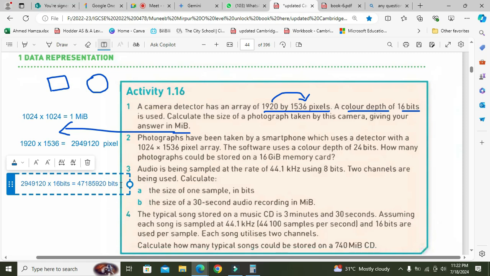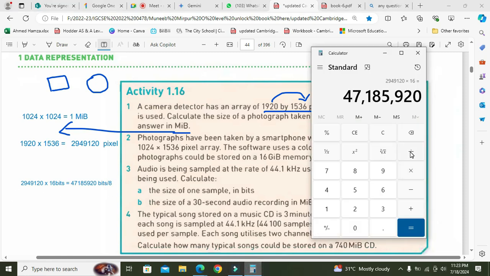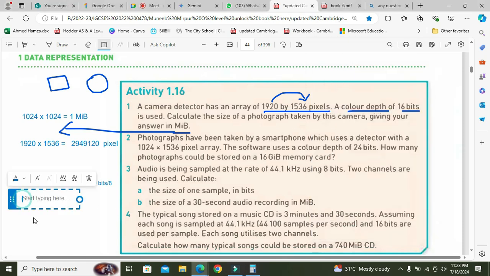Right now it's in bits, so we need to convert this into bytes. Divide by 8, because 1 byte is equal to 8 bits. So we divide the answer by 8, and we get 5898240. Till here any confusion, class?